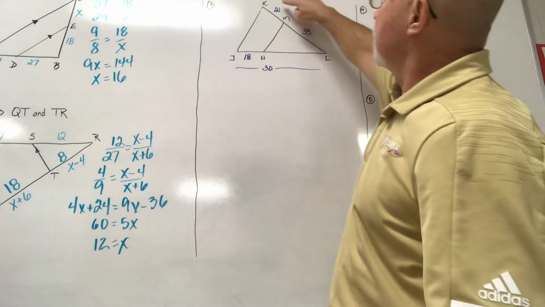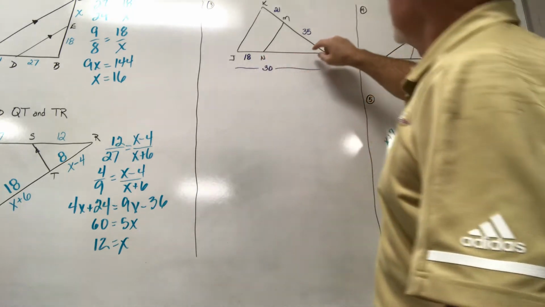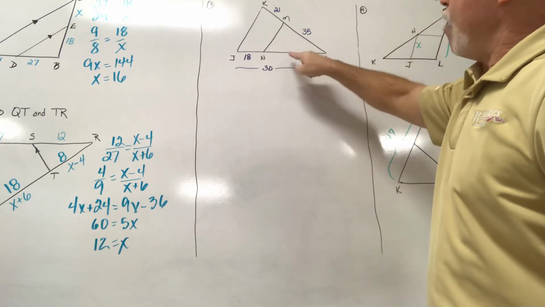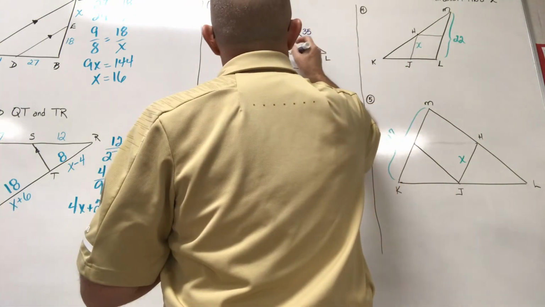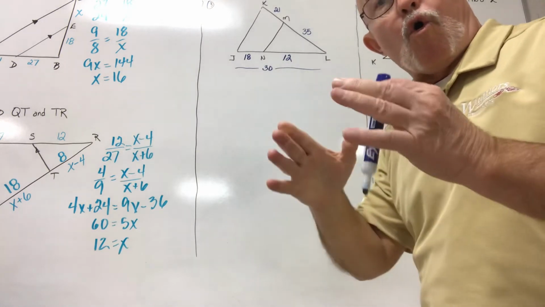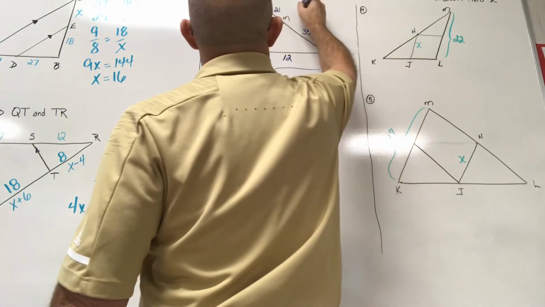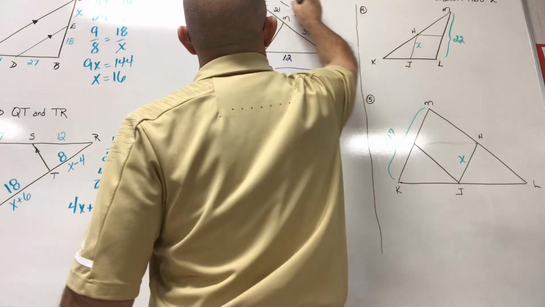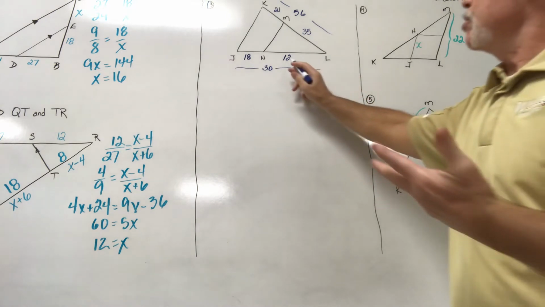I've got a segment, a segment, a side, segment. I can subtract and get this value right here, or I can add together. That's the key. I'm just going to do it this way.